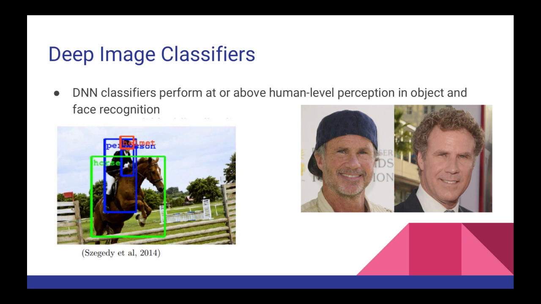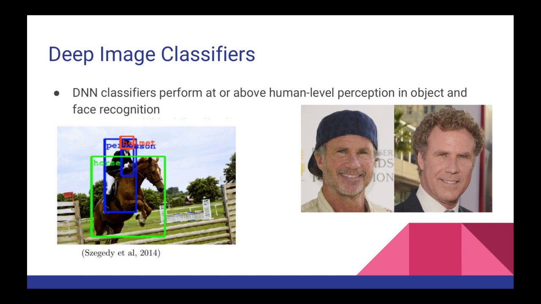So as you're probably aware, DNN classifiers, deep neural network classifiers, are currently performing at or above human level perception. In object recognition back in 2013, 2014, it was Szegedy, I believe, who showed that deep neural networks, especially convolutional neural networks, are performing at a higher accuracy than how a human would classify objects.